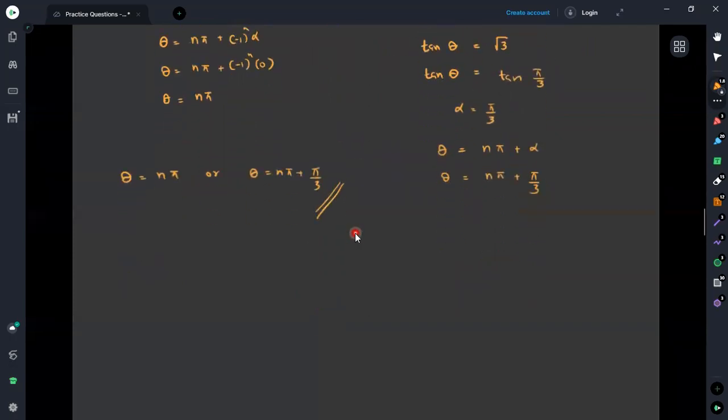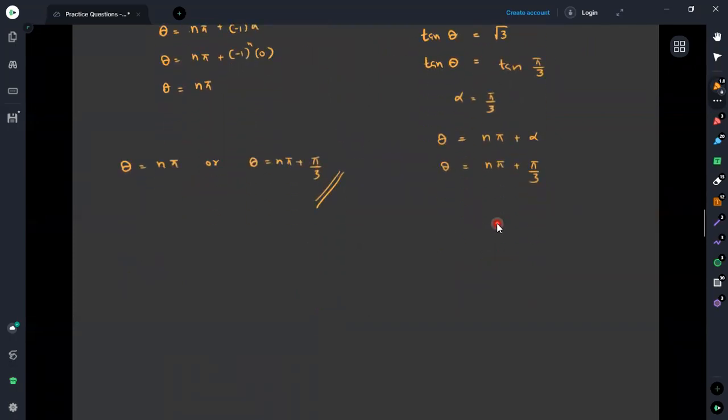And if you need, you can do the substitution. We'll see what will happen if you do substitution. If n equals 0, we are getting theta equals 0. It is the general solution we have obtained, the principal solution we have obtained there.